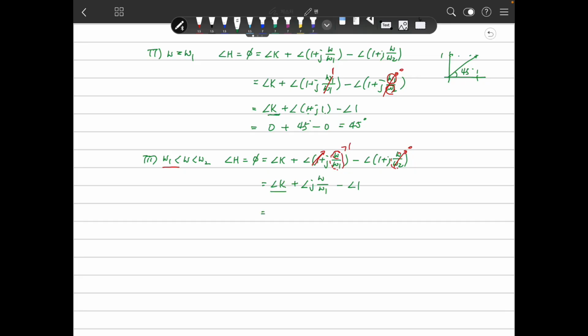This is a real number, 0 degree, and this is an imaginary number, 90 degree, and this is a real number, 0 degree. Therefore, this is 90 degree.